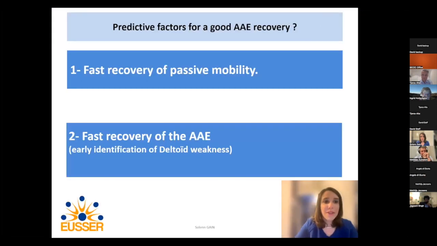So, predictive factors for a good active anterior elevation recovery should be a fast recovery of passive mobility and a fast recovery of active anterior elevation mobility. It's important to have an early identification of patients with deltoid weakness, and it's important also to improve passive mobility very early after surgery.